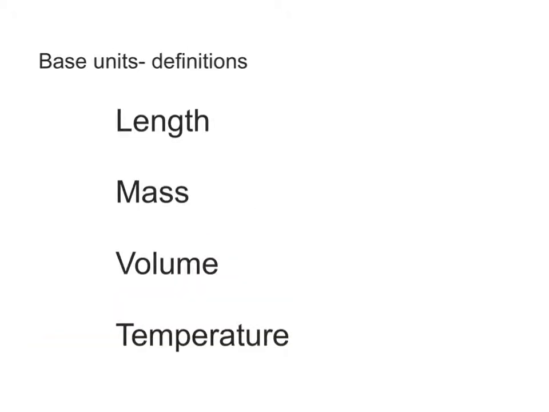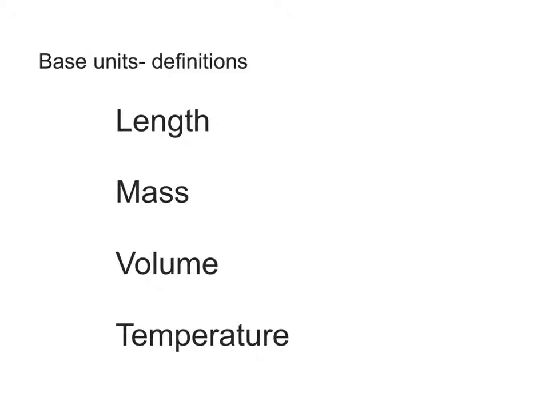Our metric system has base units for each type of measurement. Length is the measure of linear distances. Mass is the measure of matter, how much matter is in an object, which is different than weight. Weight has to do with how much gravity is pulling down on that mass.